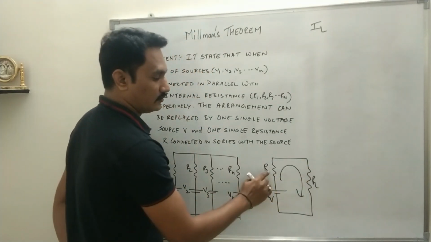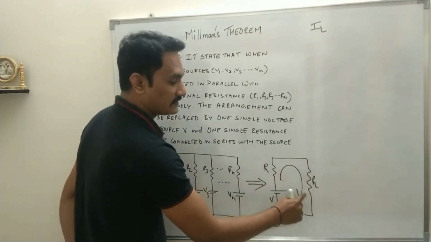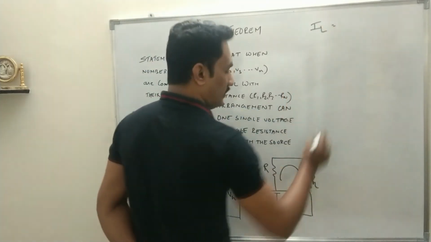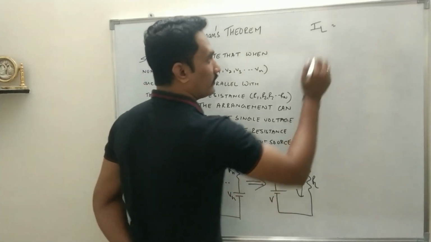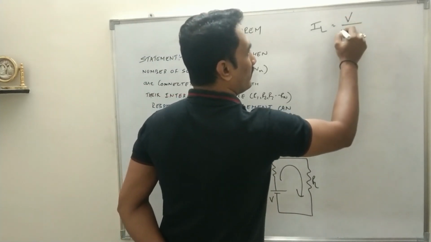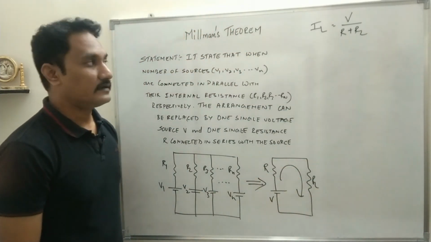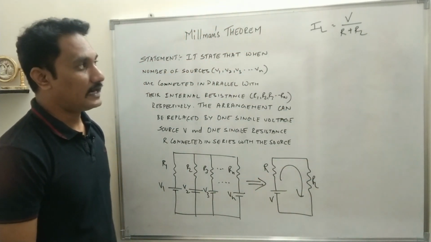be flowing in the circuit. You can see R and RL will be in series, so the same current will flow through the resistances. So IL will be total voltage divided by total resistance, so it will be V upon R plus RL. Right, IL is equal to V upon R plus RL.